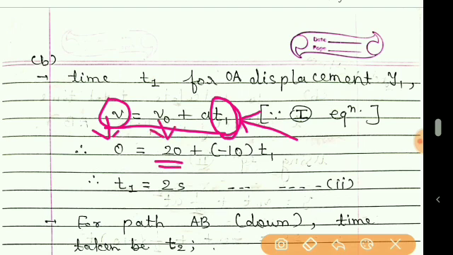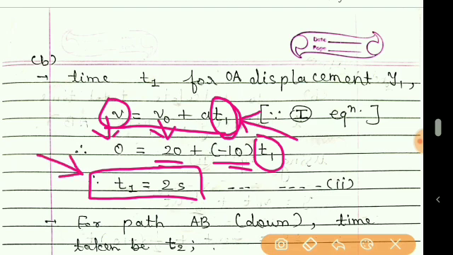We have taken positive because moving in the upward direction. Acceleration, as I said, is always negative when it is acceleration due to gravity. t can be obtained, so t is obtained to be 2 seconds. So first time, that is for upward motion, is obtained.